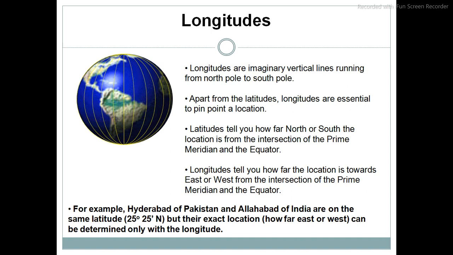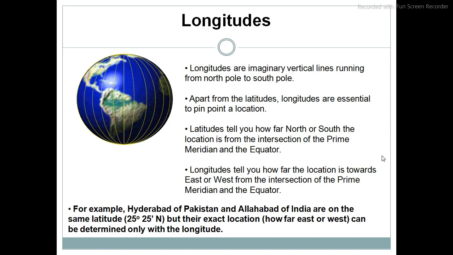Cadets, as you are observing in this slide, these are all dotted lines, but the center line is not dotted. As we saw in the part on latitude, the lines are like this. As I told you, the sleeping line, the equator, is 0 degrees.